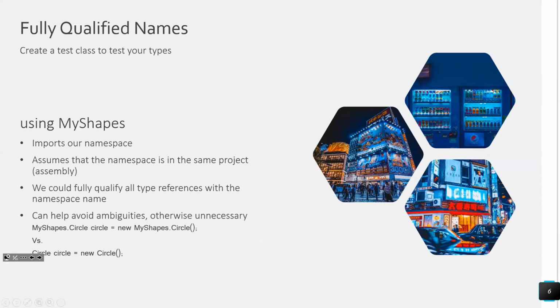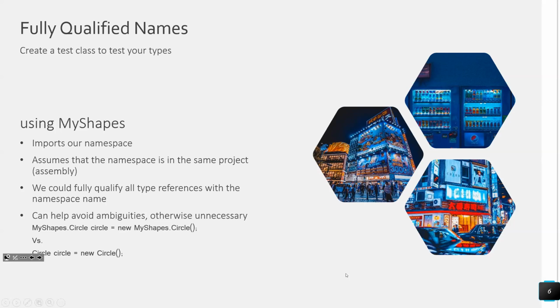Okay, so within our MyShapes application, if we want to create a circle, we could create a new circle. We often just create our data type and our new entity. So here we're creating an instance of a circle named circle with the lowercase.